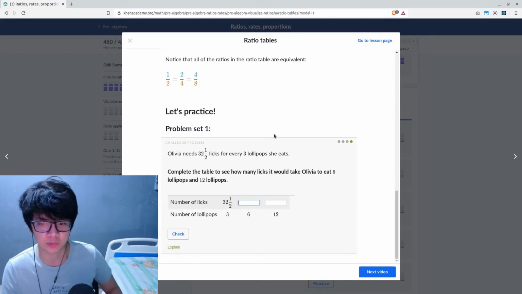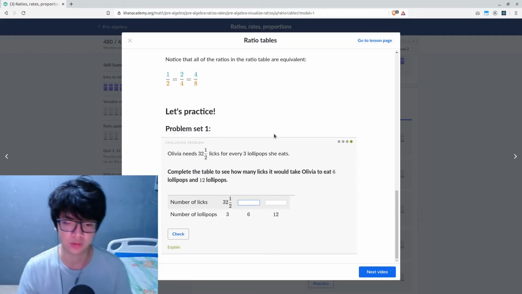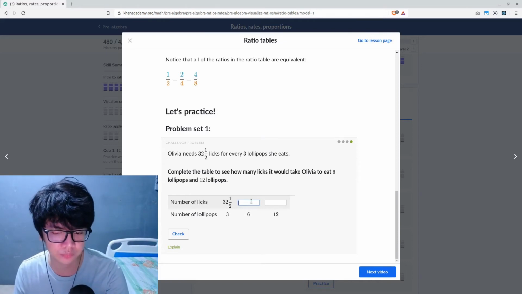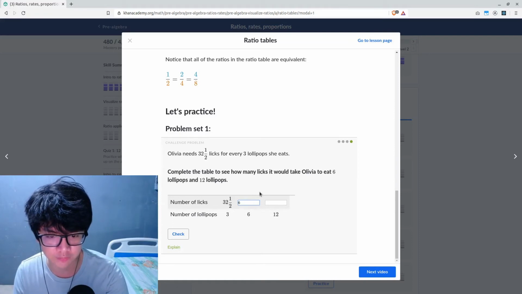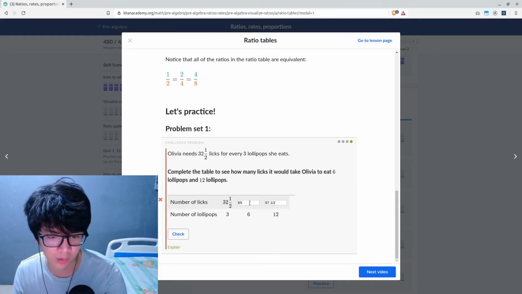Complete to see how many licks it would take to eat 6 and 12 lollipops. What? Yo, what? Okay. Yo, it's going to be double, like, it's going to be 65. And then 97 and 1/2. Oh my god, wow, okay.